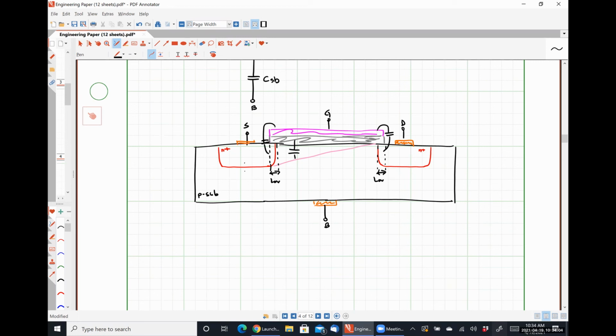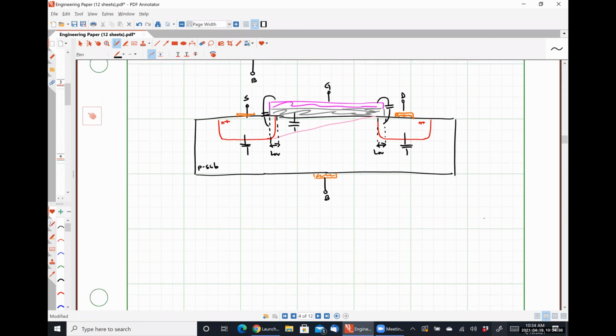We are also going to see a capacitance between our source and our body connection because that is a reverse biased PN junction. And we are going to see a capacitance between our drain and our substrate because again, we have a PN junction, right? That's typically going to be reverse bias, meaning the drain potential is going to be much higher than the substrate potential because the substrate potential B is usually tied to 0 or ground.